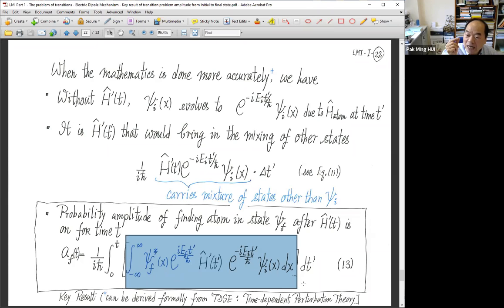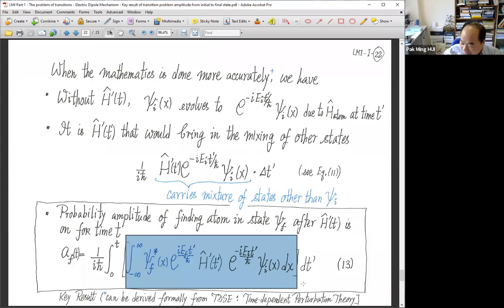That is an interval next to time 0. But now we generalize it to a time interval at some t prime that is an arbitrary time between 0 and t, all right? From 0 to t, okay? This is t prime, okay?